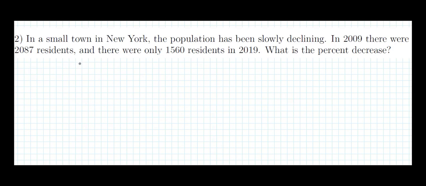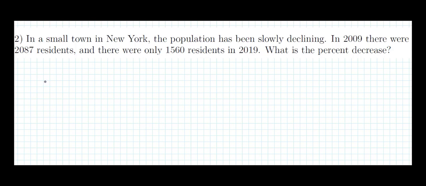Question number 2. In a small town in New York, the population has been slowly declining. In 2009, there were 2,087 residents, and there were only 1,560 residents in 2019. What is the percent decrease?